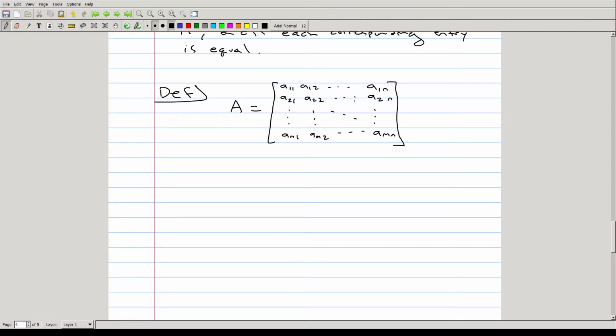So this is notationally how we're always going to be writing down any given matrix.